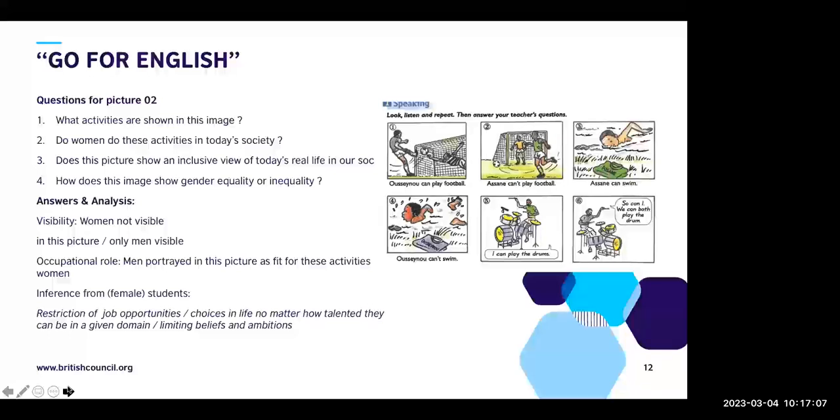What inference can be drawn from this on the part of the student is that there is a restriction of job opportunity for them. Their choice in life is limited, okay? No matter how talented they can be. So this can be considered as limiting belief and ambition, okay? This is our modest insight.